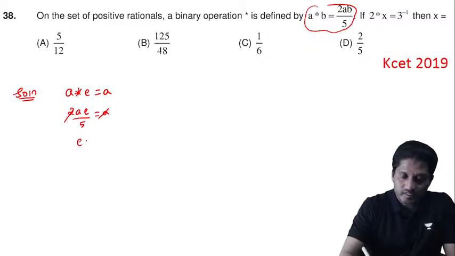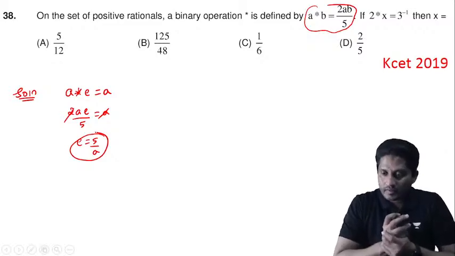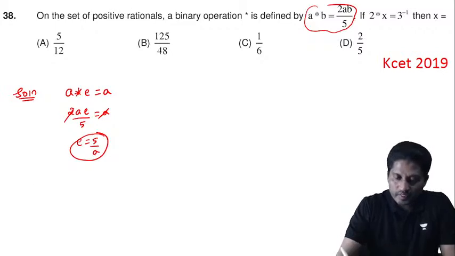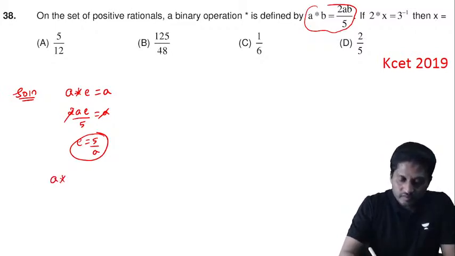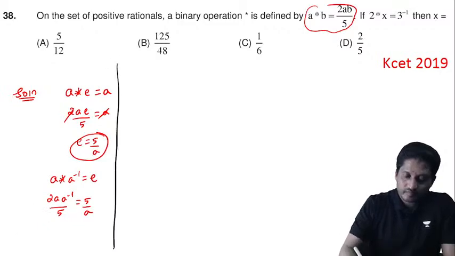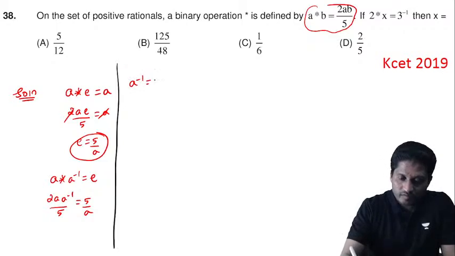This will cancel, E is equal to 5 by A. Okay, now A star A inverse is equal to E, right? A star A inverse is 2A into A inverse divided by 5 is equal to 5 by A. Now if I cross multiply, A inverse is equal to 25 divided by 2A square.